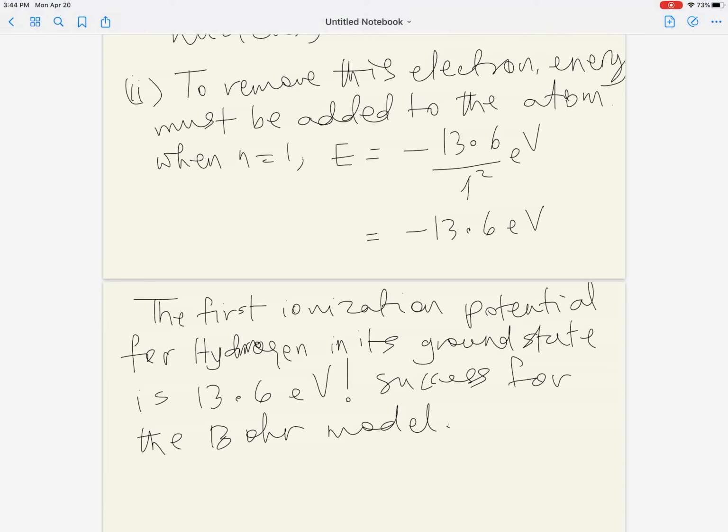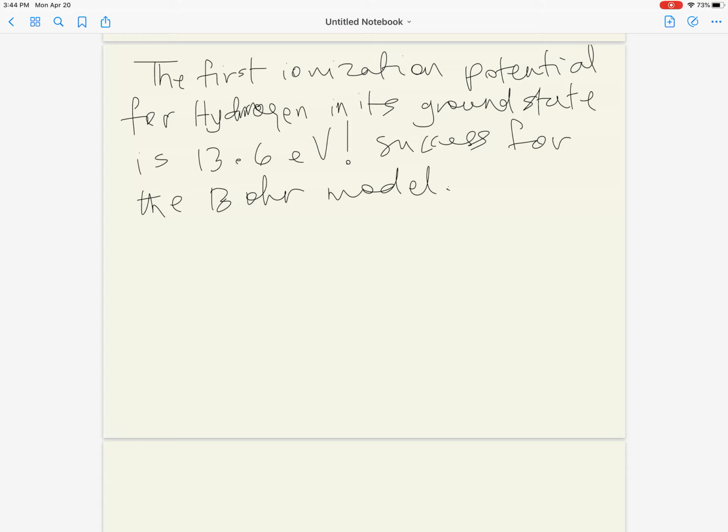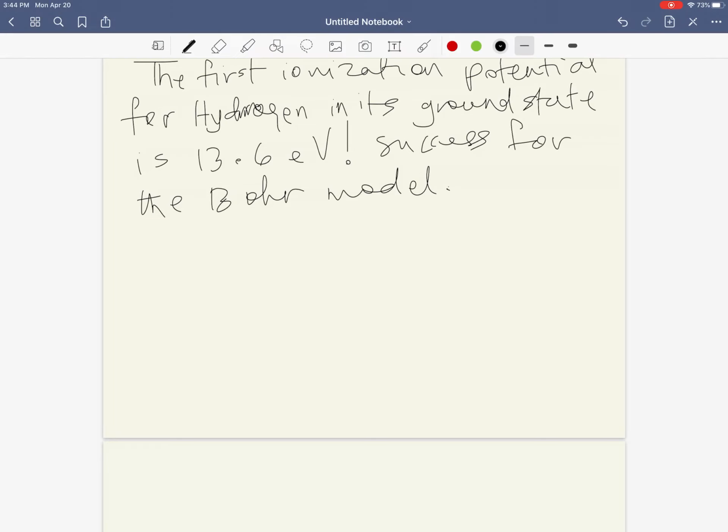All right, so now I'm going to just mention another success, and that has to do with the Balmer series, the series of spectral lines that Balmer described mathematically. So recall that, let's title this the Balmer series. The only time an electron can emit radiation is if it makes a transition from one upper level to a lower level.